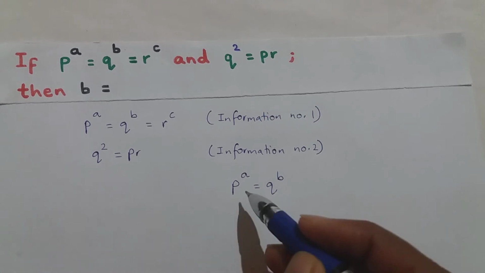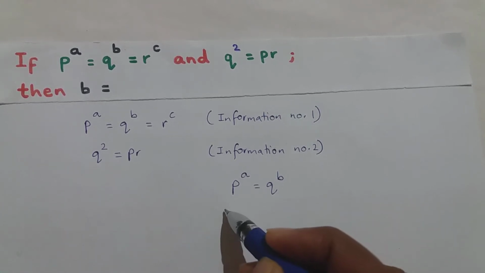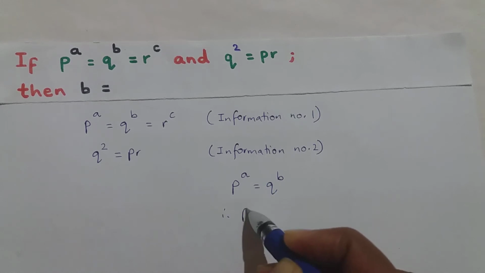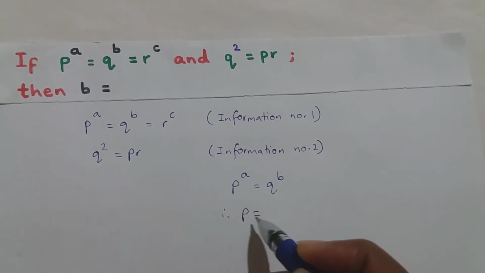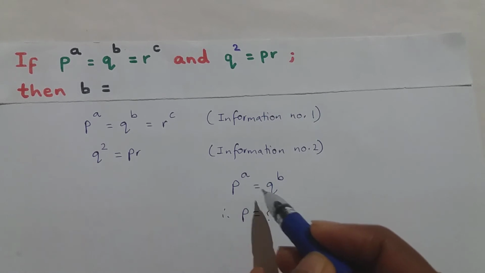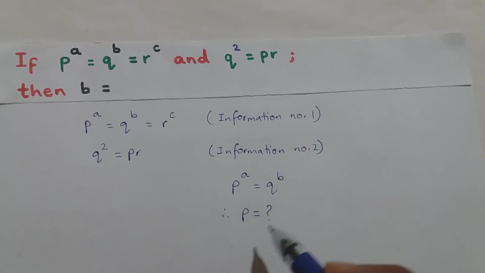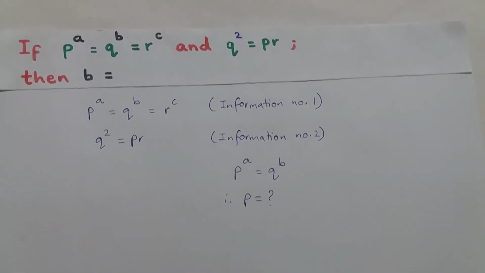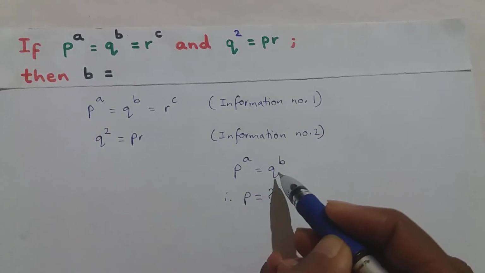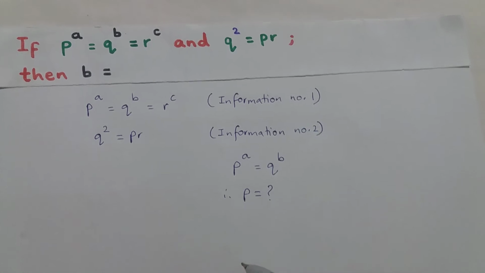Now if p to the power a is equal to q to the power b, then what is p? So from here we have to find out what is p. So let us solve this equation and find out the value of p.